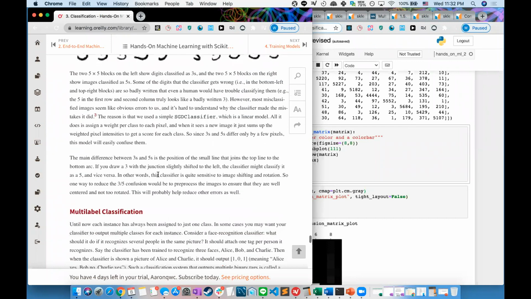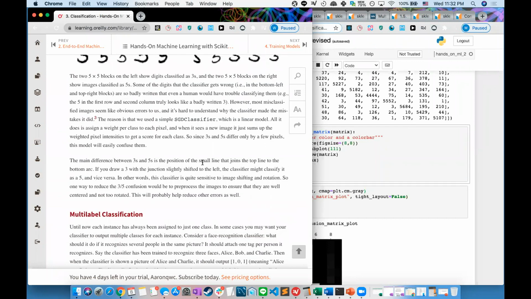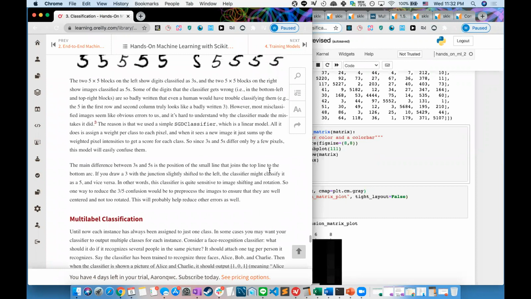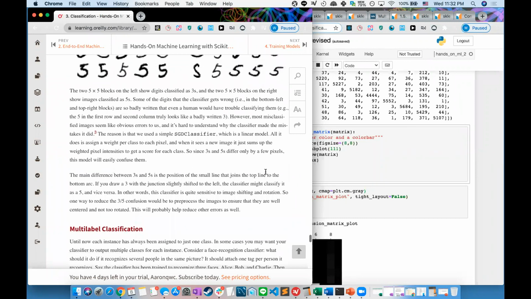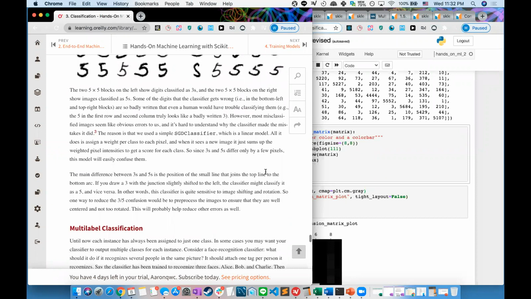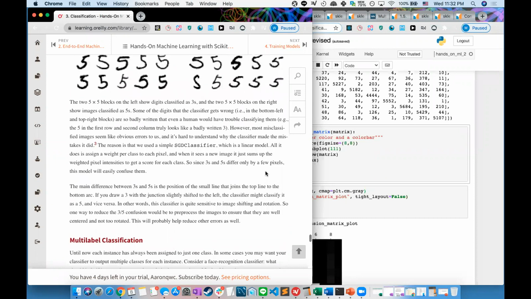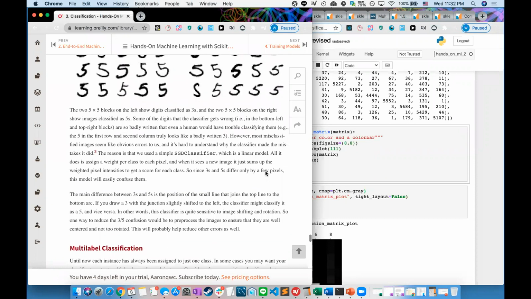Okay. The main difference between 3s and 5s is the position of the small line that joins the top line to the bottom arc. If you draw a 3 with a junction slightly shifted to the left, the classifier may classify it as a 5. So basically, a junction here, right? If it's shifted more towards the left, it's more likely to be a 3, and if it's here, then it's more likely to be a 5, vice versa.